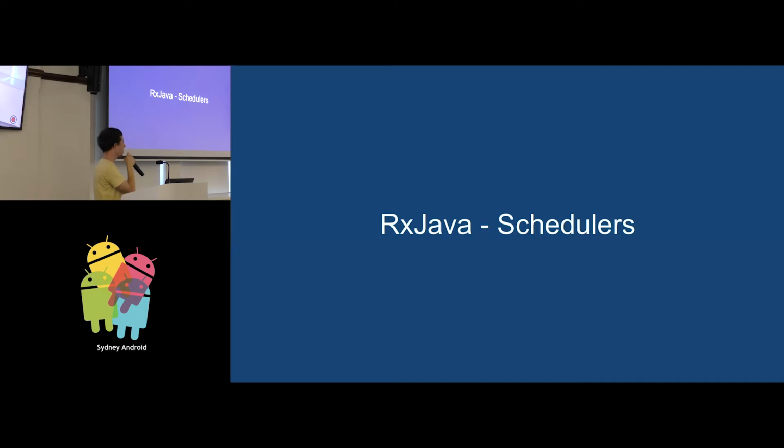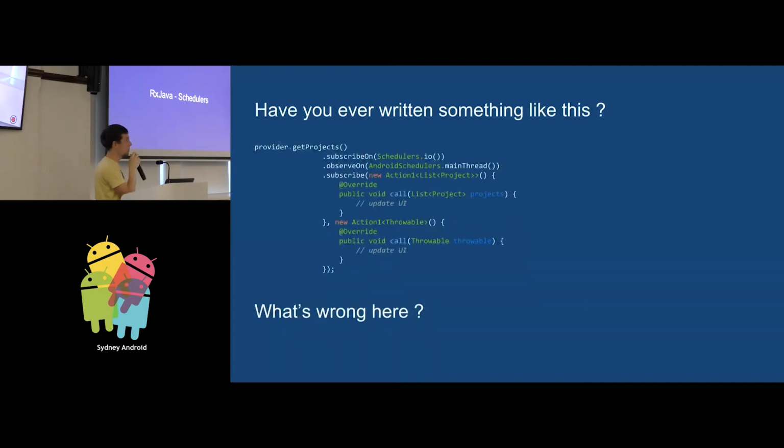A next area that has been very popular in past years is RxJava and reactive functional programming. The problem is not RxJava itself, but the inherent result of using RxJava. Let's say you have your presenter, and your presenter has this form method that will get the project.